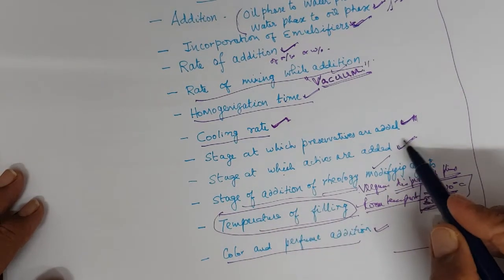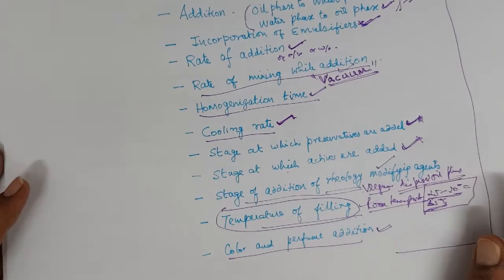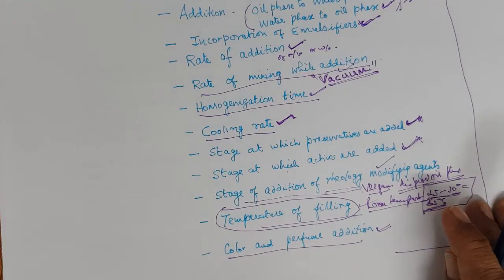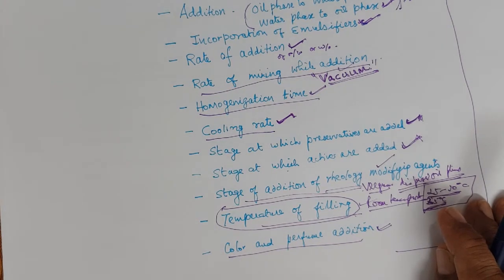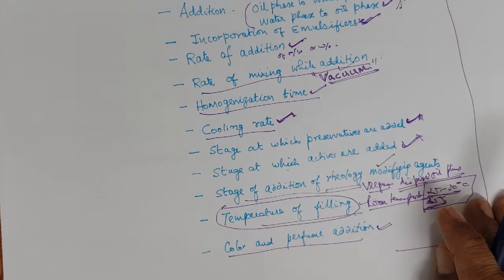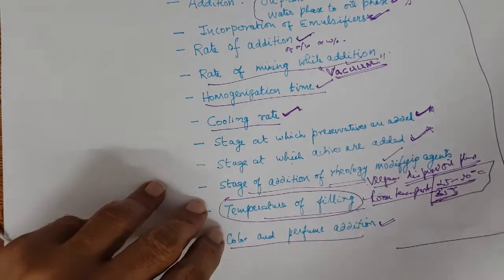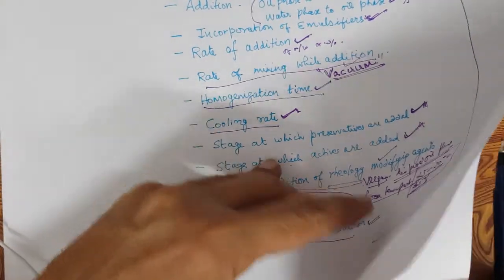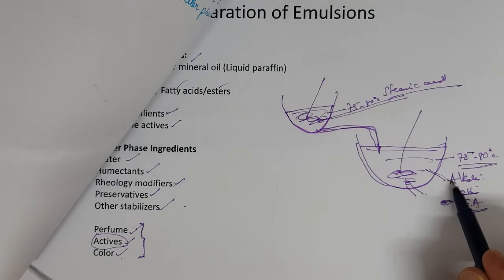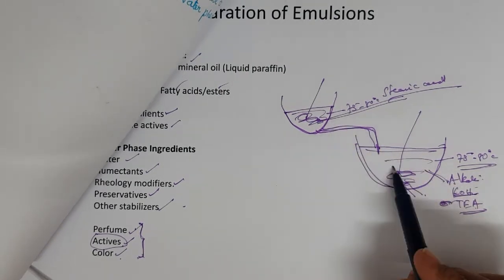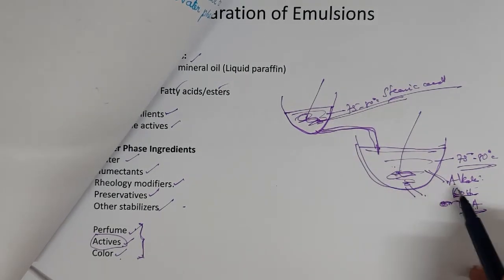Stage at which actives have to be added. Actives can be oil soluble or water soluble. Can we add them in the initial stage itself, or if the active is not thermostable, do we have to add it in the final stage? In the two phases here, stearic acid and alkali react to form soap.